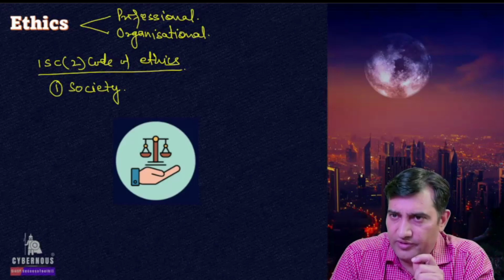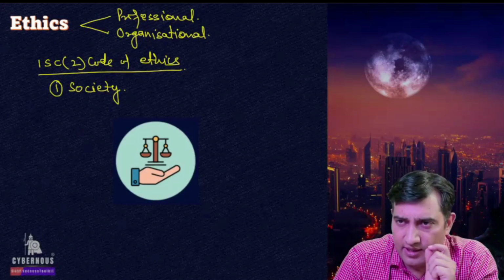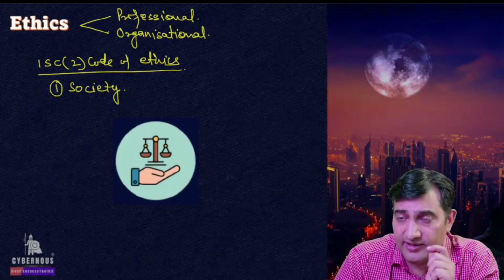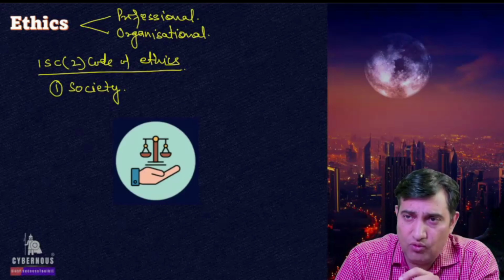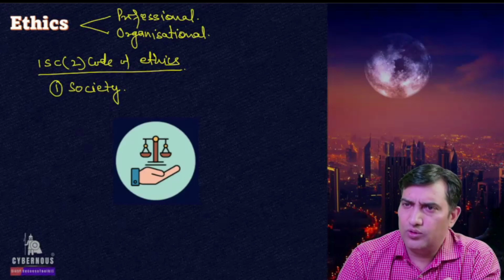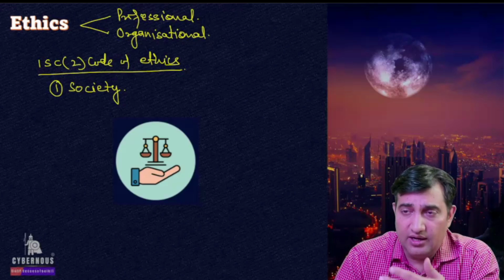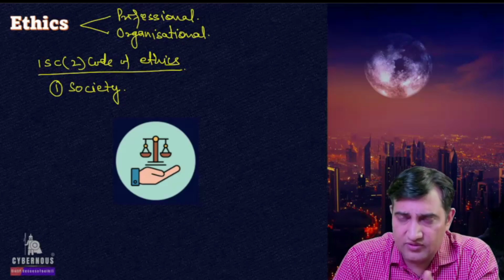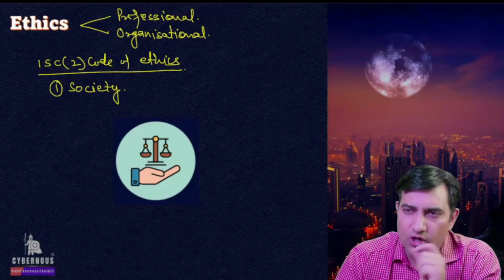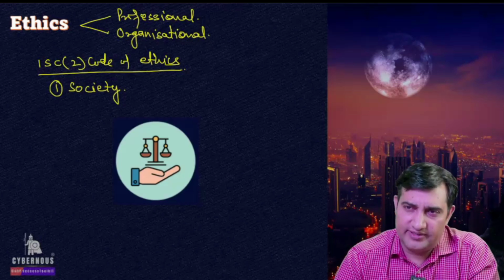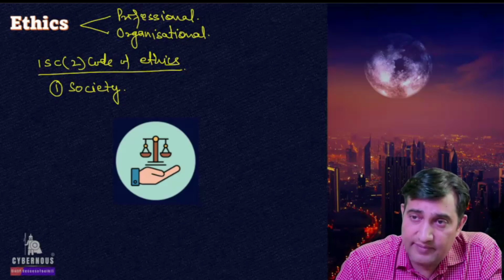As a cybersecurity professional, you should always work in the interest of society and not get involved in anything which is not good. Even if you're working for an employer and they are not ethical, and their actions are going against society, you need to take action. There should not be any element of ignorance. So that's your ethics number 1.